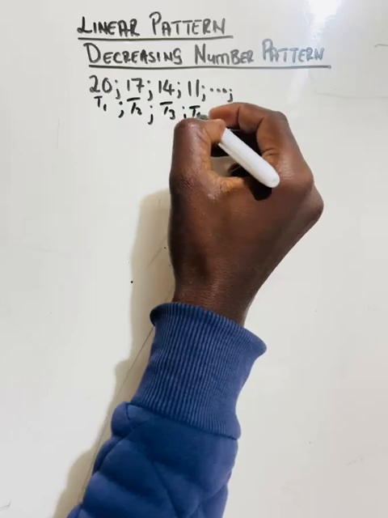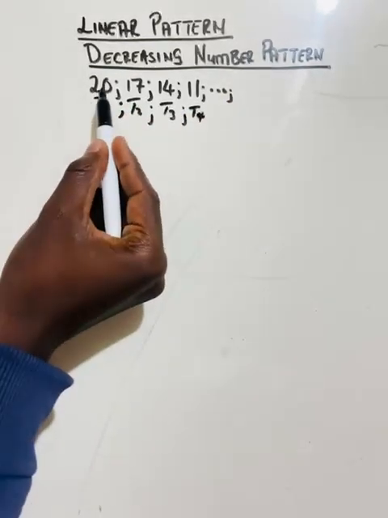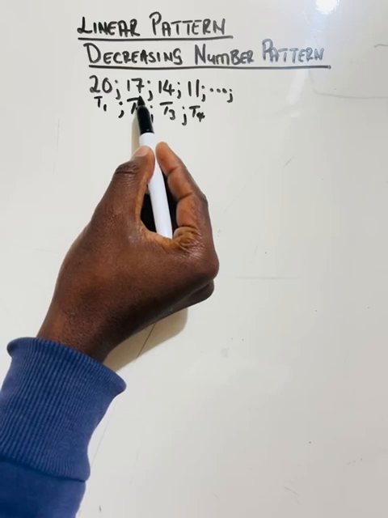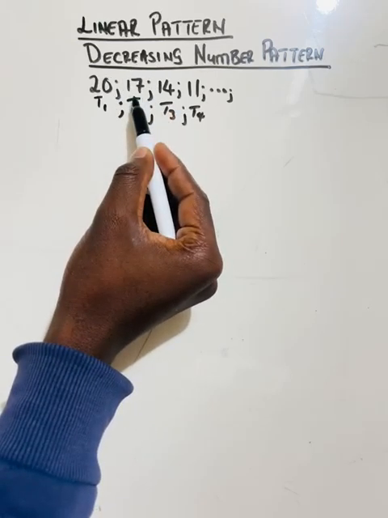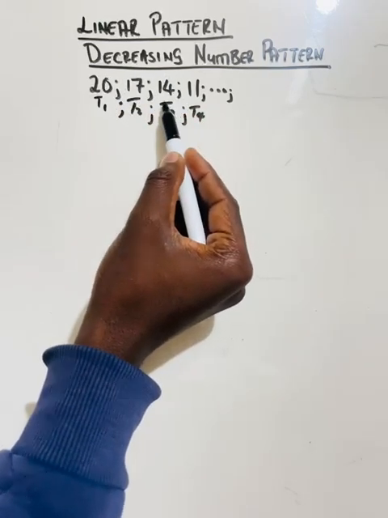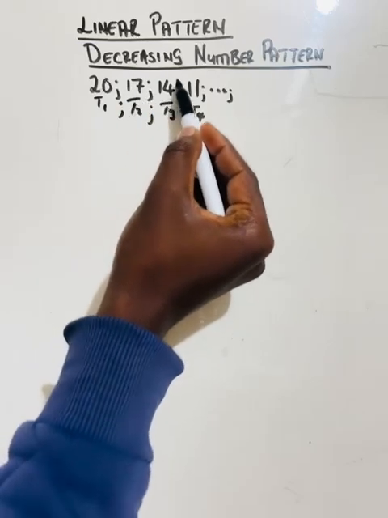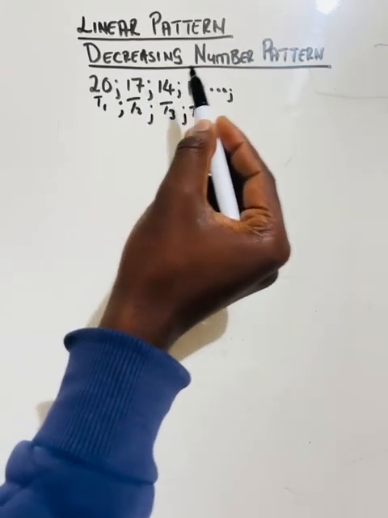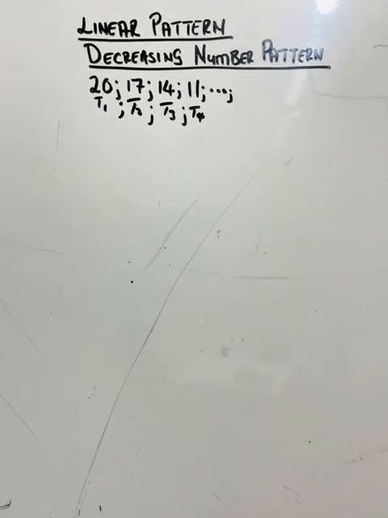And 11 is our fourth term. As you can see, 20 is followed by 17, which is a smaller number, and 17 is followed by 14, which is a smaller number than 17, and 11 is smaller than 14.